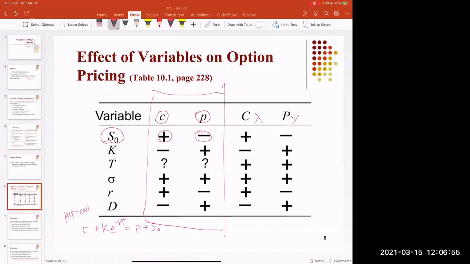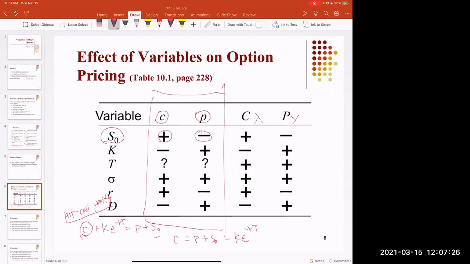Later on, we're going to talk about how we get this. But assuming you know this, then the relationship between C, P, and S0 we can get here. To get the factors that affect the call price, we leave C on the left-hand side and put all the others on the right-hand side: P plus S0 minus K, with continuous discounting.